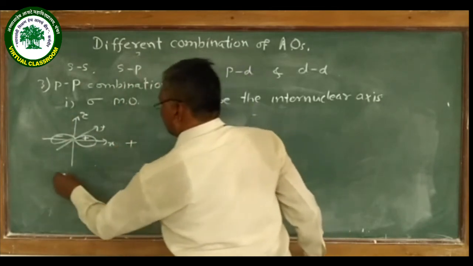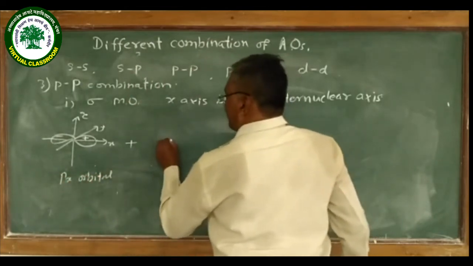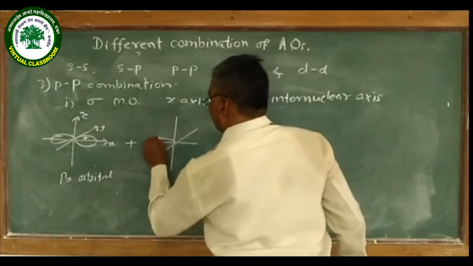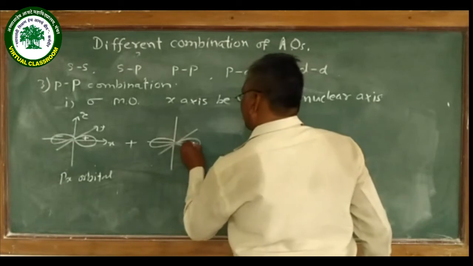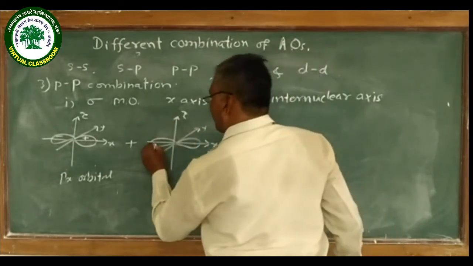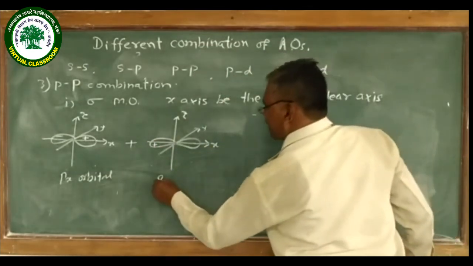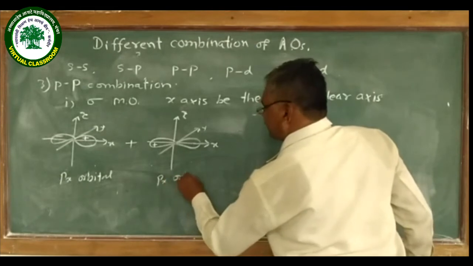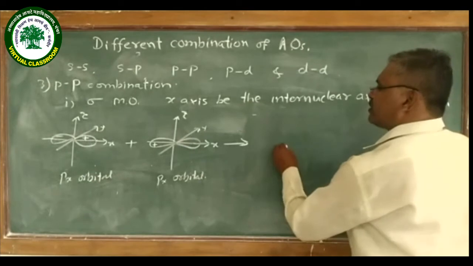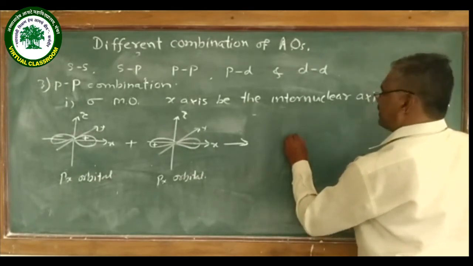If it combines with the px orbital of another atom, the overlapping region has the same sign. So this is the px orbital of another atom. This combination will lead to the formation of bonding molecular orbital, and it can be shown like this.